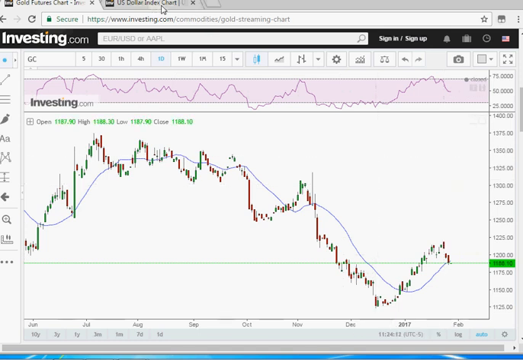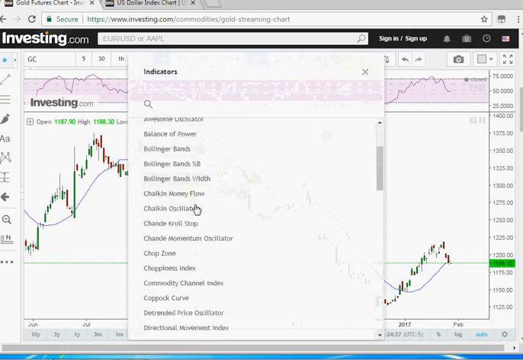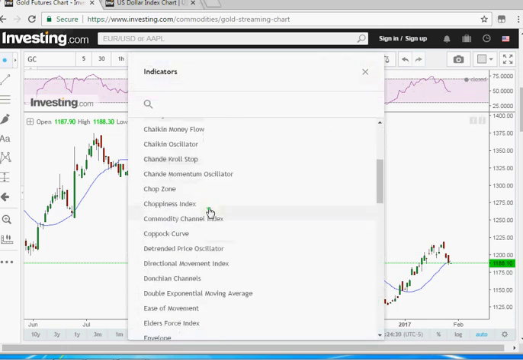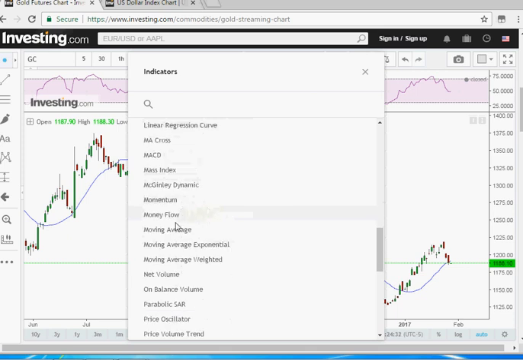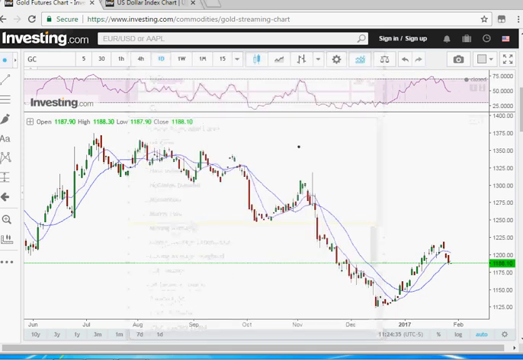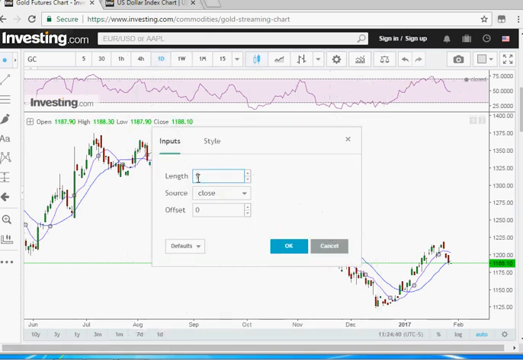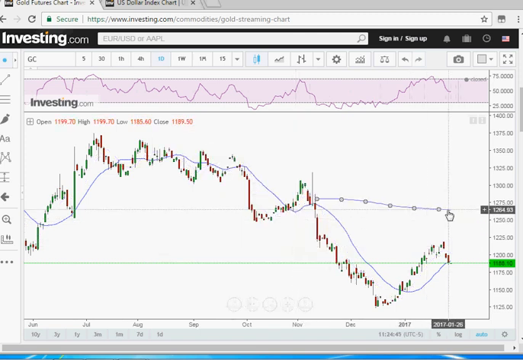How far might gold continue its upward trend over the next couple of months? One of the interesting things to look at here is the 200-day moving average, which is around the level of 1270.